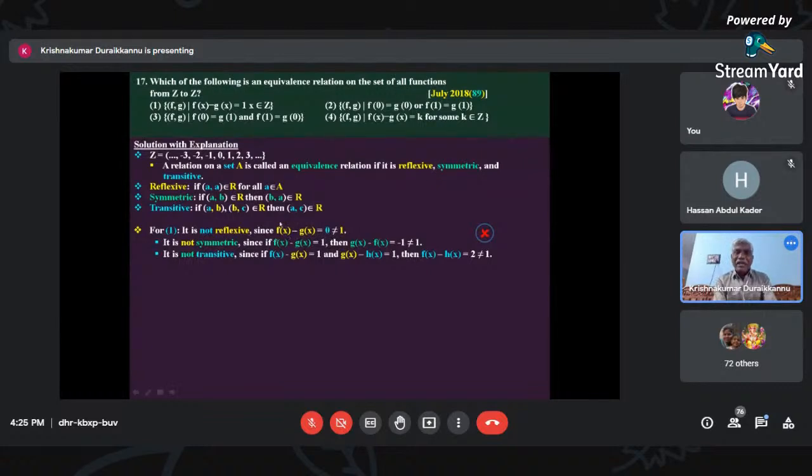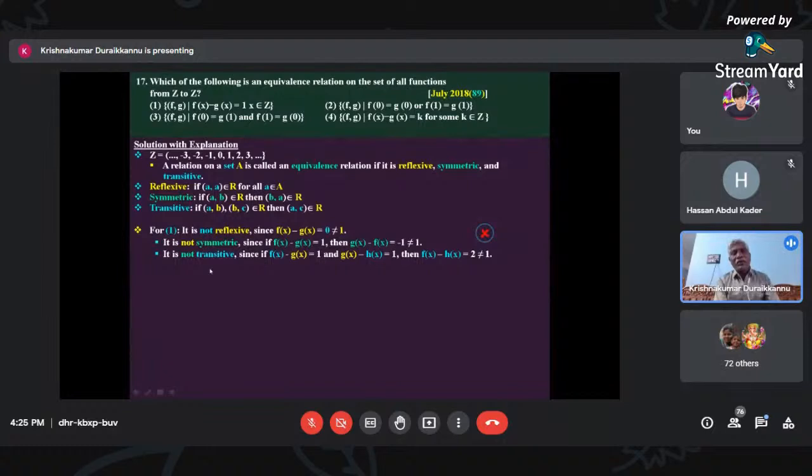Reflexive is nothing but the same pair, like (a, a), (b, b), (c, c). For reflexive, f of x and g of x are the same, so subtraction of the same element should give 0, but here it is defined as 1, so it is not reflexive. There is no need to go for any other condition.